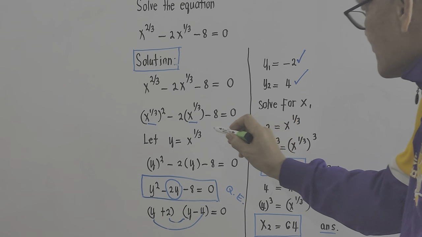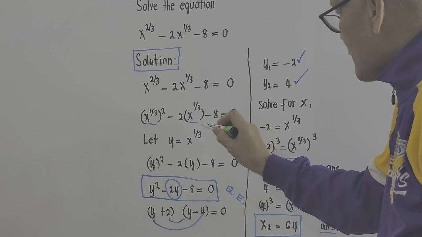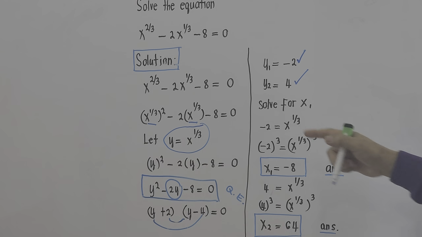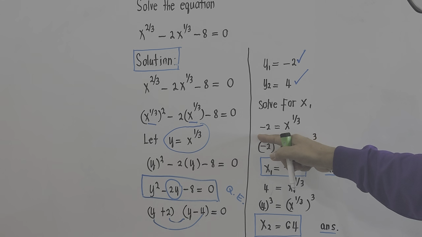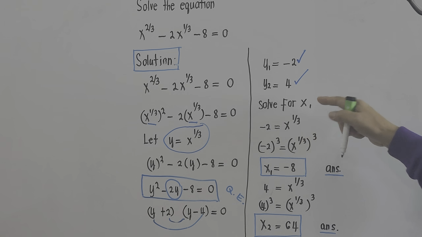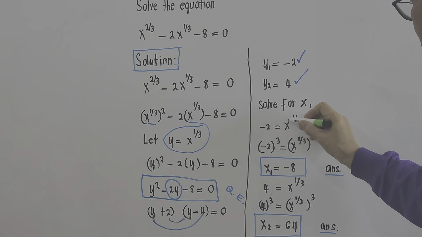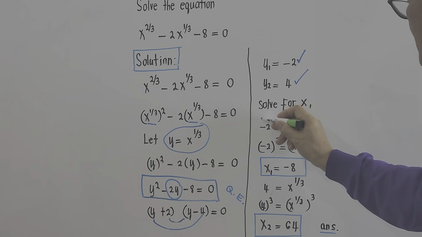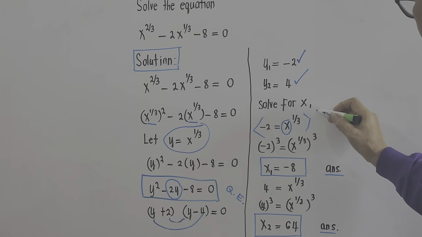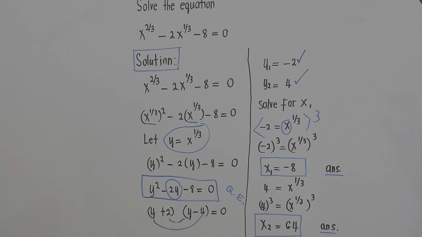So going back to this relation here, or representation, if we put the value of y to be equal to negative 2, this should be equal to x raised to 1/3. Solving for x, we must raise both sides to the third power. So the left hand side raised to the third power will be negative 2 raised to the third power, equal to x raised to 1/3 raised again to the third power.